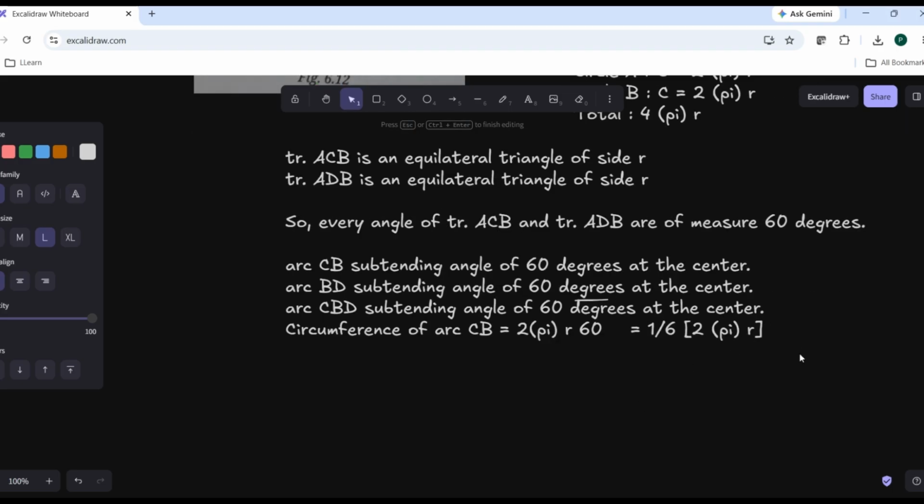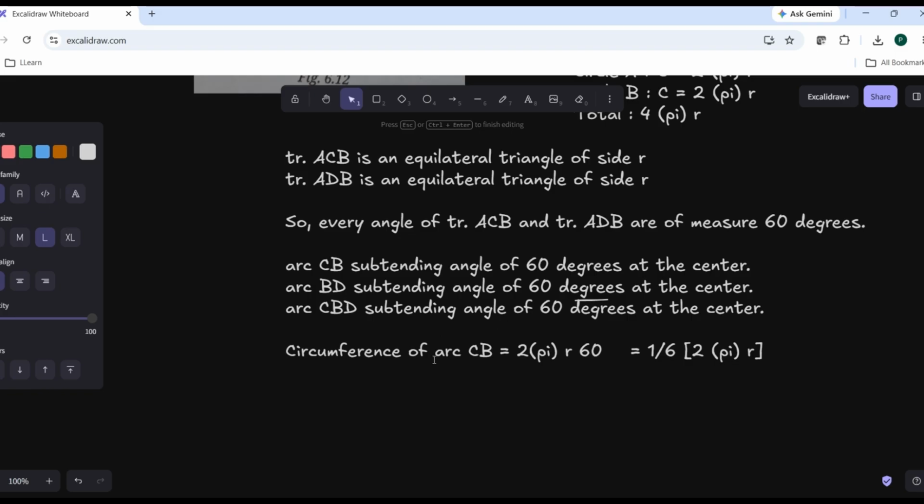So we'll say the circumference of arc CBD, this is 60 plus 60, equal to 120 degrees at the center. So the circumference of CBD will be 2 pi r into, now what is it subtending? 120 degrees.